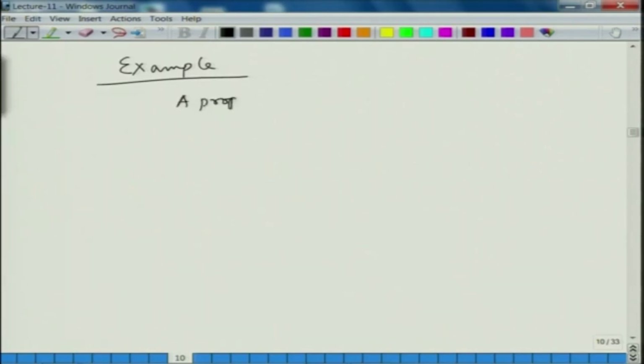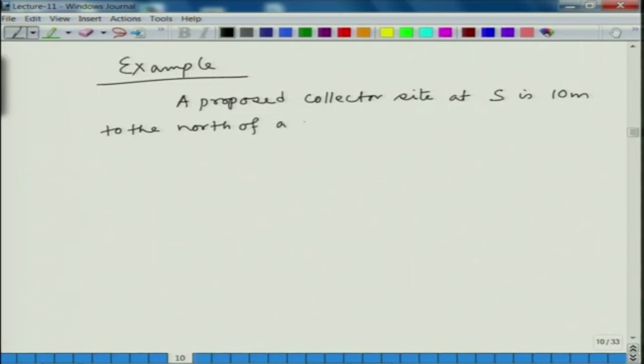A proposed collector site at S. Okay, let us designate that point to be S for solar collector, is 10 meter to the north of a long wall. Okay. So, a possible object which can shade that location is a long wall which is 10 meter to the north of that location.